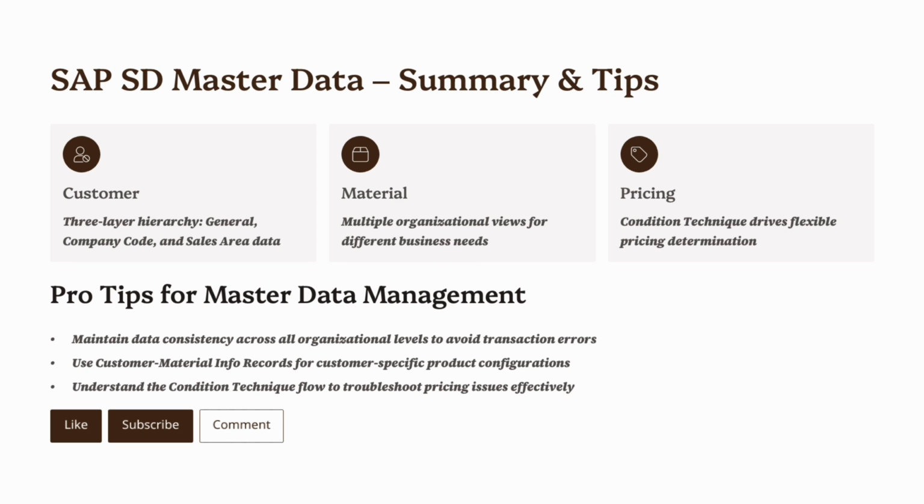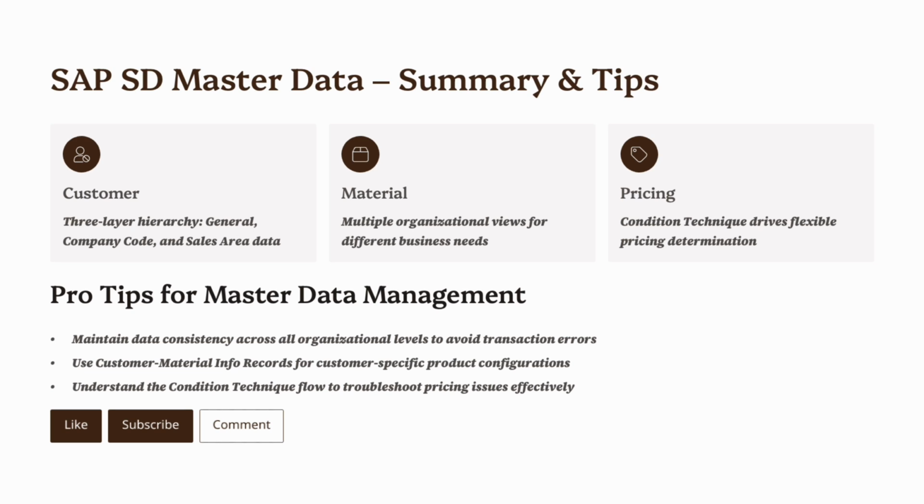Part 7. Recap, tips, and call to action. Let's quickly recap what we've learned about master data in SAP SD. In this video, you discovered the 3 core master data types that power the sales and distribution module. 1. Customer master data stores customer-specific details like address, payment terms, and shipping data. 2.